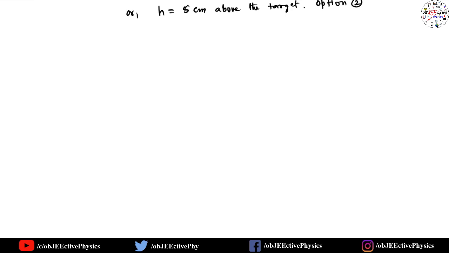Next, 29th question. A projectile is thrown with a velocity of 10 root 2 meter per second at angle 45 degrees with horizontal. The interval between the moments when speed is root of 125 meters per second is, take g is equal to 10 meter per second square.